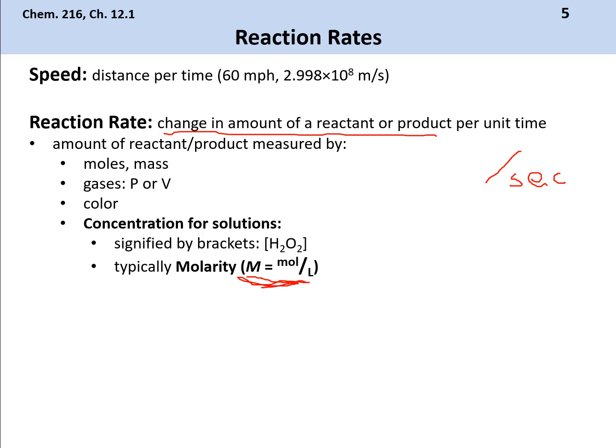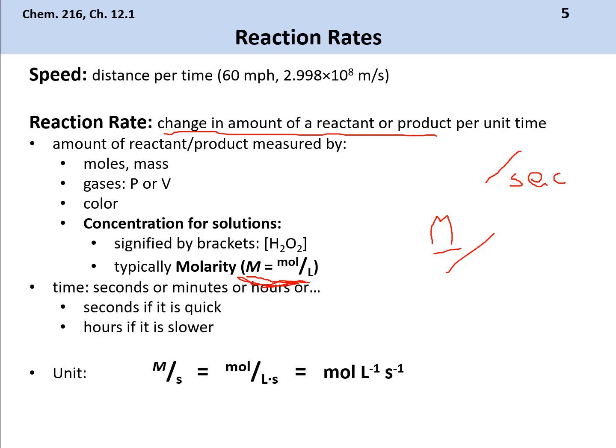Okay, now that's the top part of it, the change in concentration. We're going to use molarity. What are we using for the bottom part? Well, we can use seconds or minutes or hours, depending on how fast it is. If a reaction is really fast, we could talk about it in seconds. If it's really slow, instead of saying how long it happens in 1 second, we say in 1 hour, right?